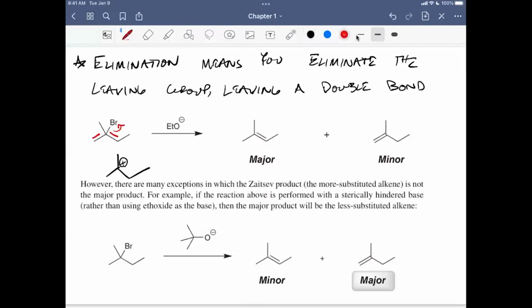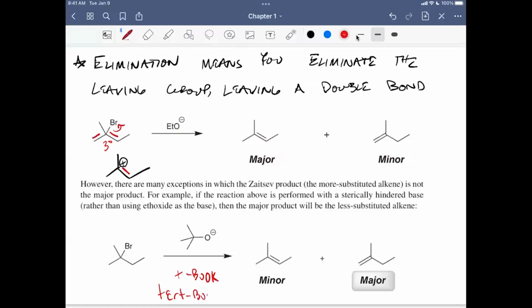You will look for the more substituted carbon for this reagent right here, because that's a strong base, and you have a tertiary alkyl halide. So you would want that double bond on the more substituted carbon, unless you're dealing with tert-butoxide, and that's what this reagent is right here. That T stands for tert.